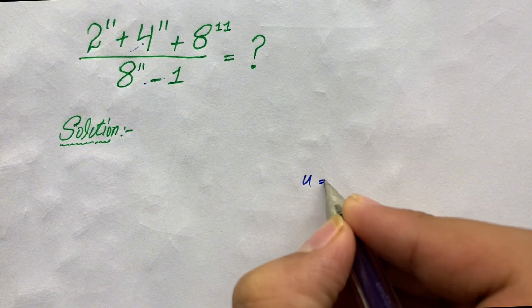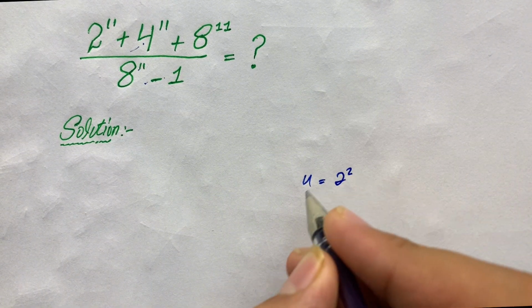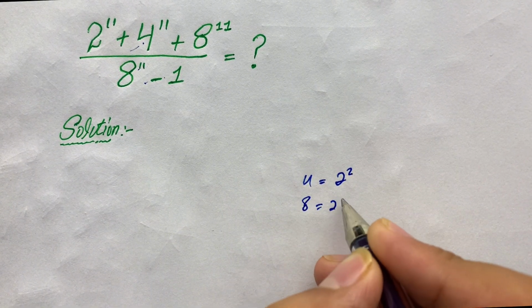As we know that 4 is equal to 2 squared and 8 is equal to 2 to the power 3.